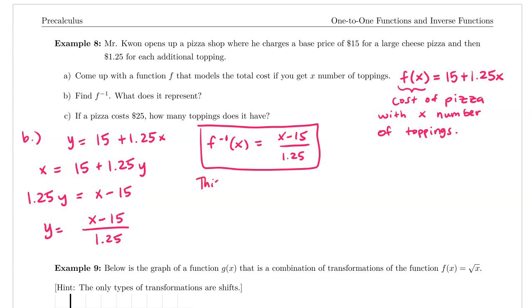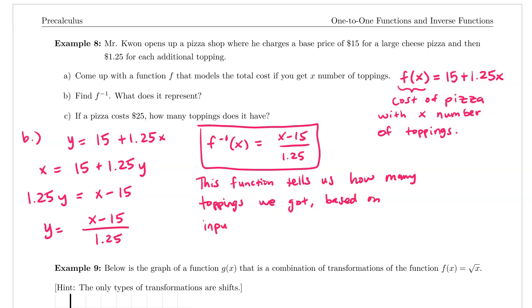So this function tells us how many toppings we got based on inputting the cost of the pizza.